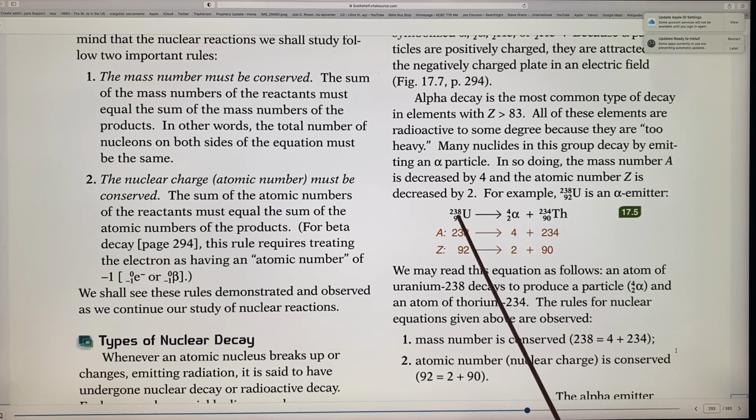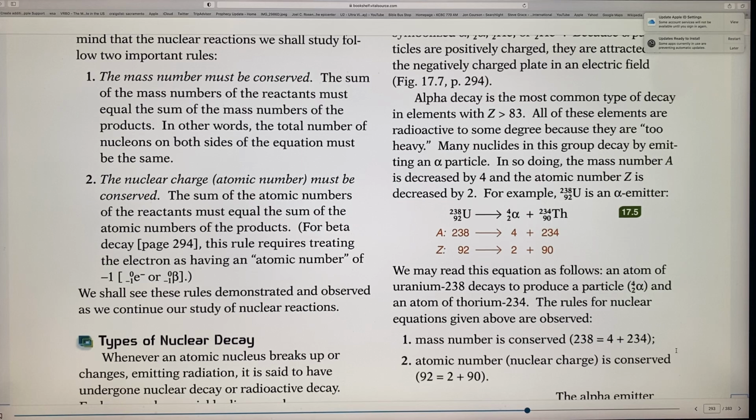So it changes to 234, because 238 minus 4 gives you 234. Then getting rid of that 2, you get 90, so you have 234, and it changed into a whole new element here. In the midst of this, you see now it's thorium. It has split off an alpha particle. The mass number is A, and Z is the bottom number, which is the positive protons, right?